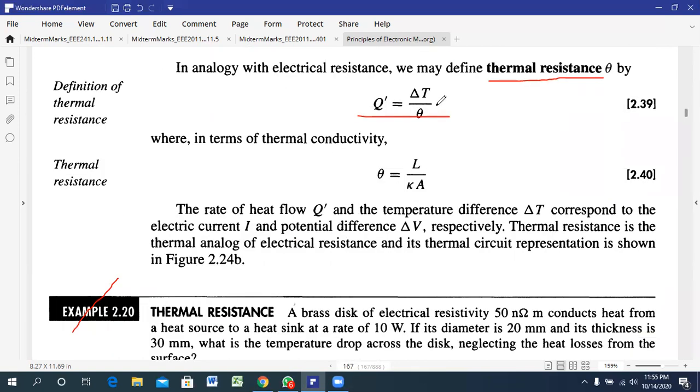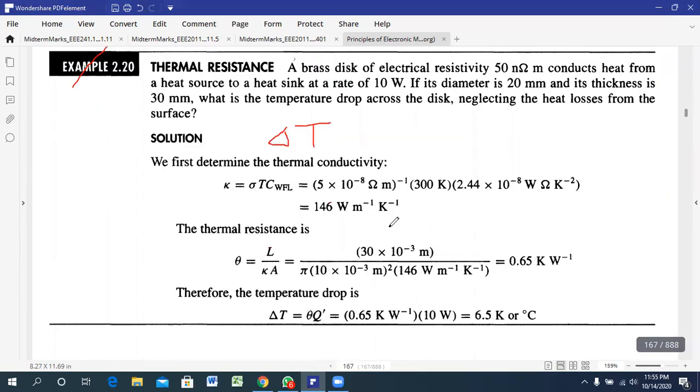So we know that Q prime equals delta T divided by theta, and we also know the theta formula. In case of theta, we need to find the chi value. This chi value should equal sigma T times the Wiedemann-Franz constant.